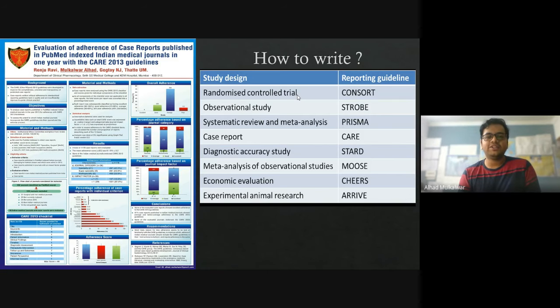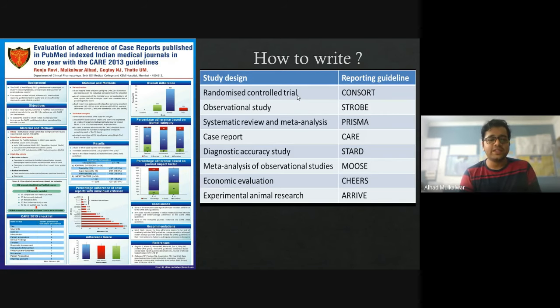But you know what? Very few, and most of them went in the category of average and poor adherence. More importantly, even in the instructions to authors on the websites, these guidelines weren't mentioned. If the editor does not know, or is not bothered enough about these guidelines, how is the author going to know about it?